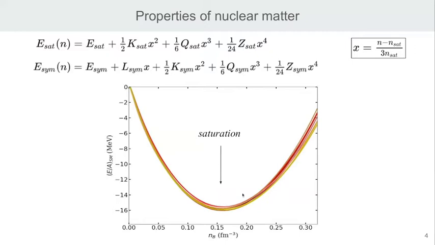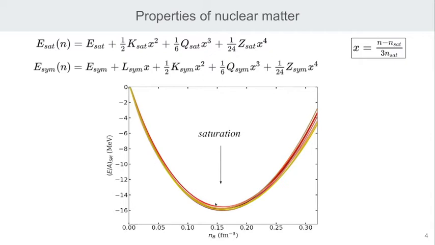We can describe the structure of this curve with an expansion, like I have here. The first term is the energy at the saturation point, the minimum. But to describe when we depart from saturation, we have this parameter that shows how much we depart from n_sat. And we have, for example, K_sat, which is this curvature, and higher order parameters.